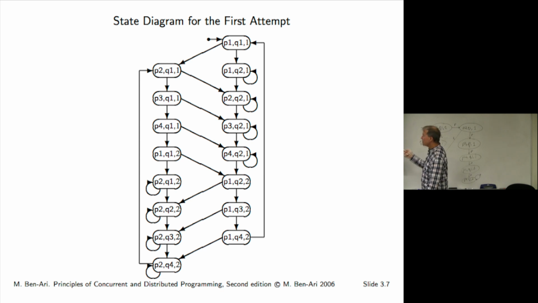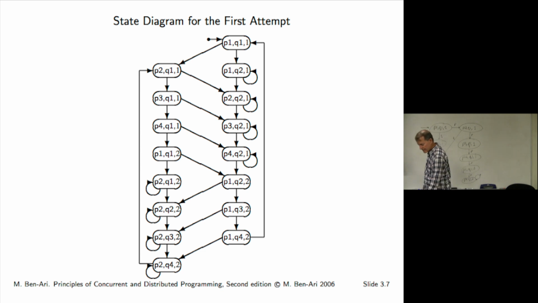But supposing you either were very diligent and constructed this yourself, or you had the computer analyze your algorithm and did this. How can you use this state transition diagram to see if those 3 properties that we want actually hold?